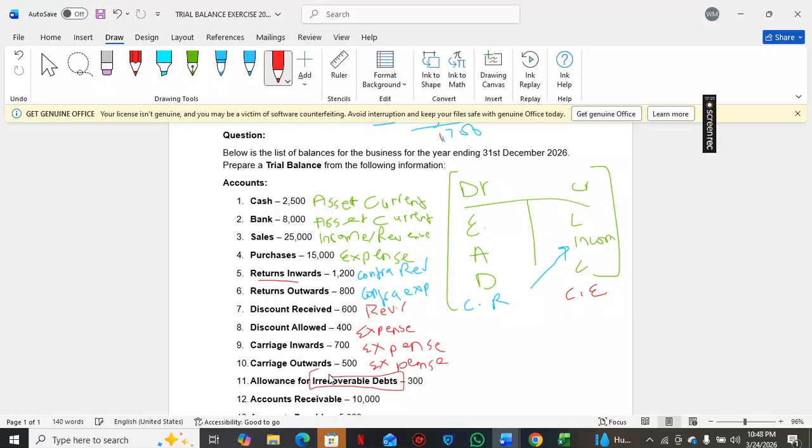It's a contra asset. Contra asset. Madam, you've been paying attention, huh? Yes, contra asset. Okay. Yes, madam. And explain why it's a contra asset.